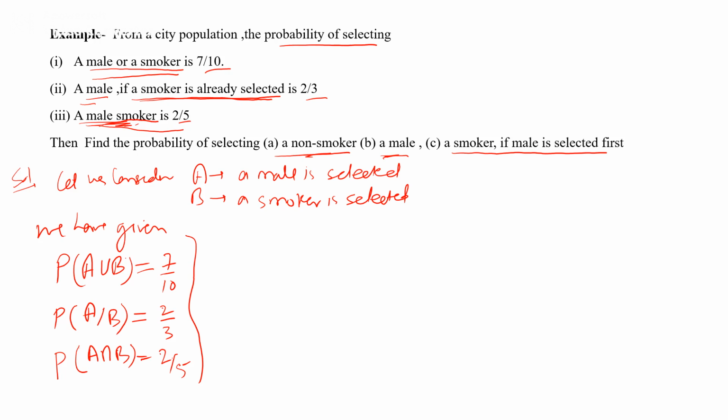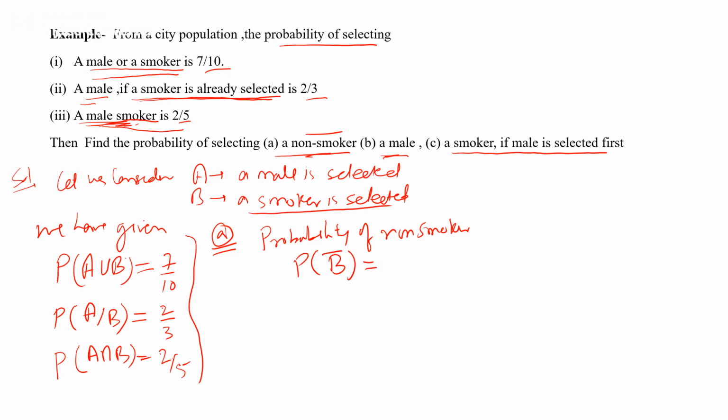Now first part, we have to find the probability of a non-smoker. Non-smoker means we have to find the probability of B complement. B is the event a smoker is selected, so B complement is non-smoker is selected.